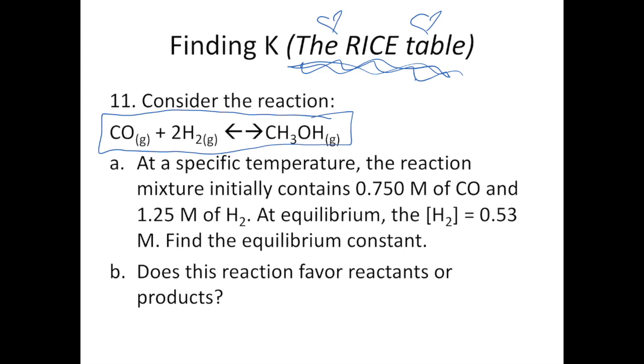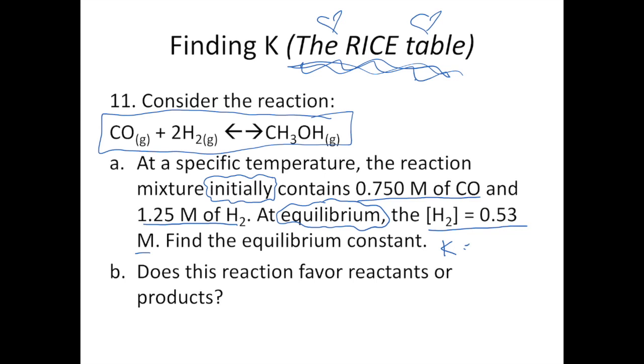Here it is. At a specific temperature, the reaction mixture initially contains 0.75 molar of CO, 0.125 molar of H2. It's important to notice that these are the initial concentrations, and then we have an equilibrium concentration.